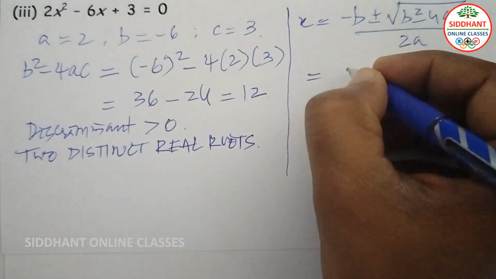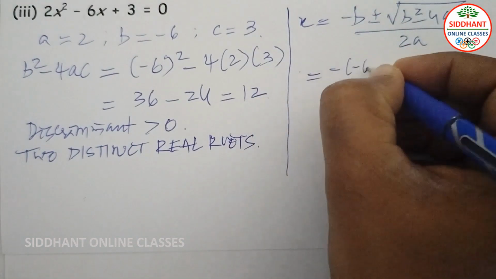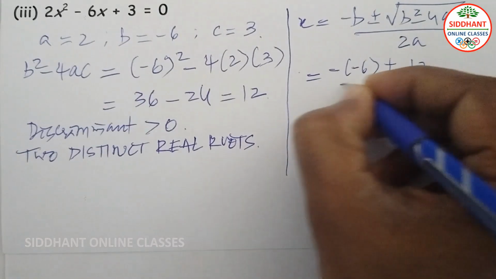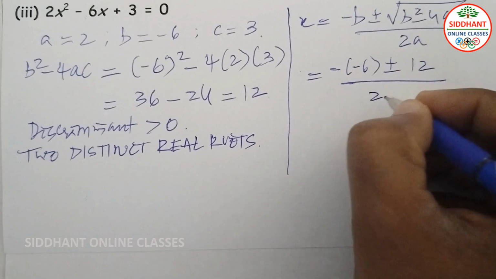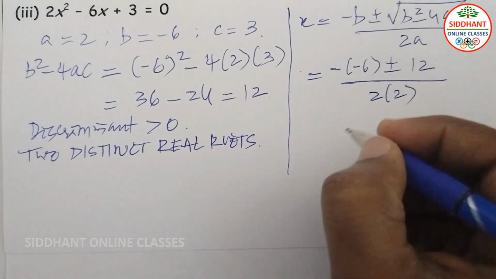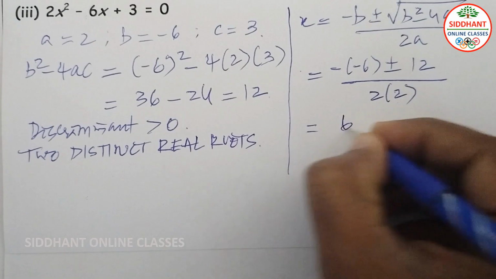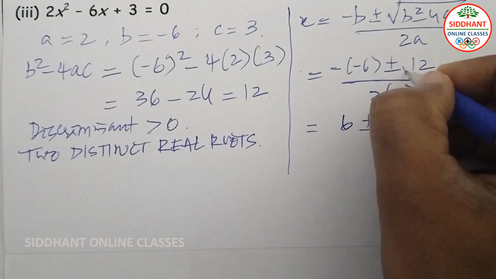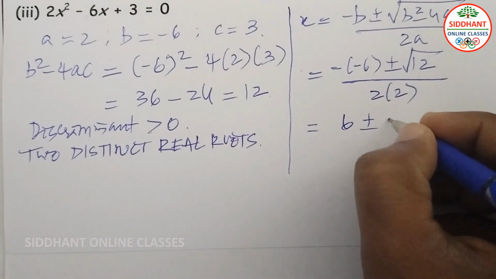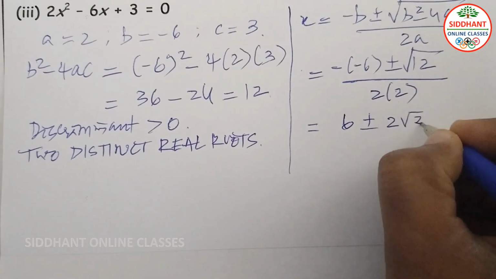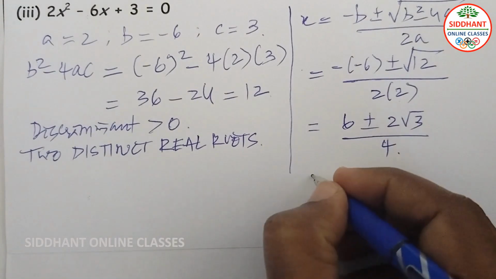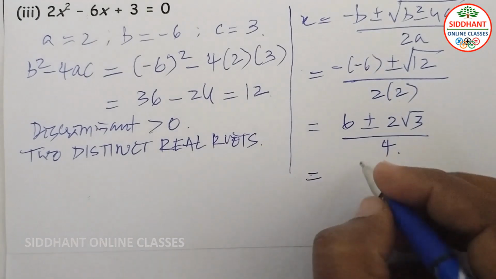So that will be 6 plus or minus √12 by 2 × 2. So √12 means 2√3 by 4 here.